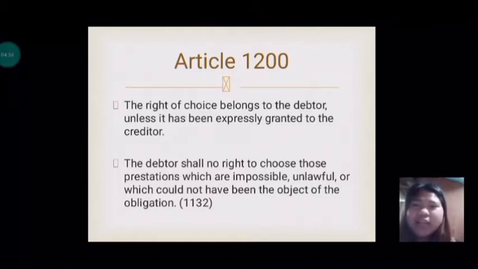The debtor shall have no right to choose those prestations which are impossible, unlawful, or which could not have been the object of the obligation. So diri sa Article 1200, naay general rule. Ang general rule ani kay the right belongs to the debtor except na siya exemption. Ang exception ani kay unless given to the creditor.